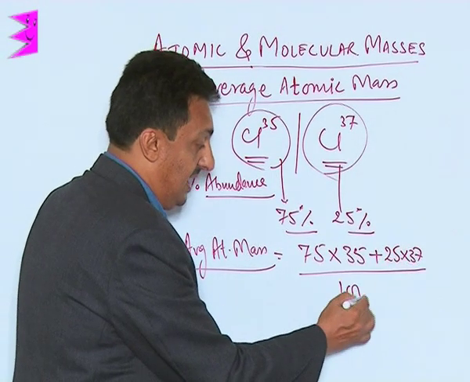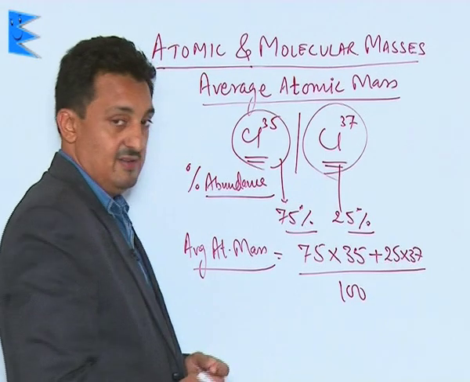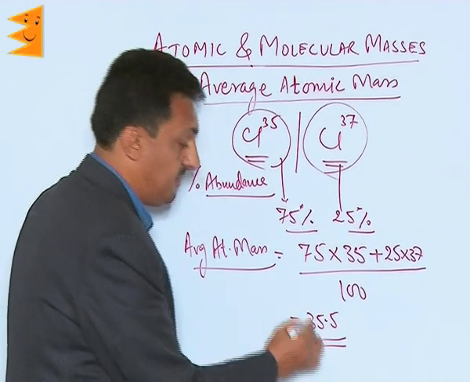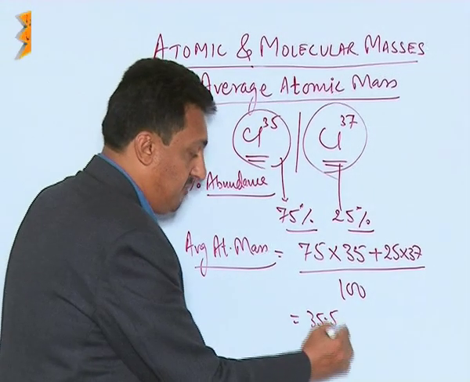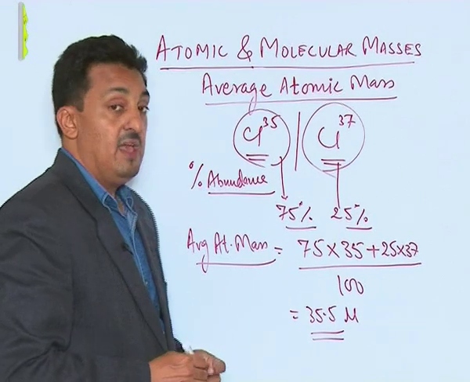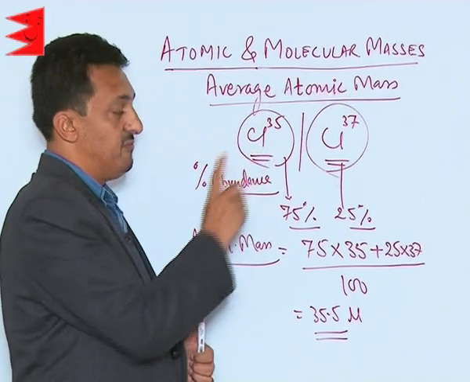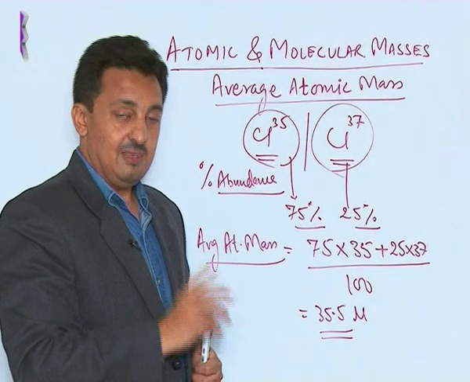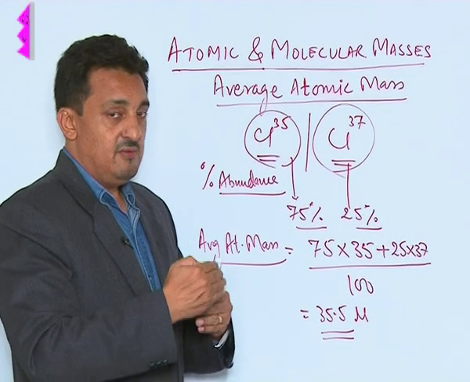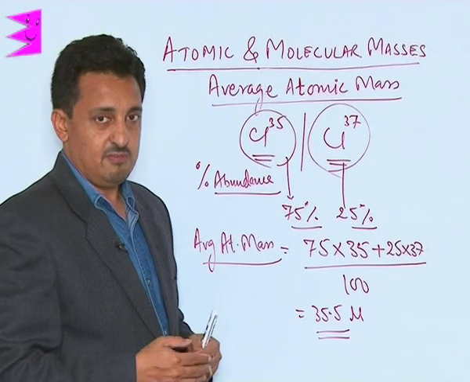The total number of atoms is 100, so we divide by 100. The answer we get is 35.5. So 35.5 u, in unified mass units, is the average atomic mass of the chlorine atom. This is how we find average atomic masses.